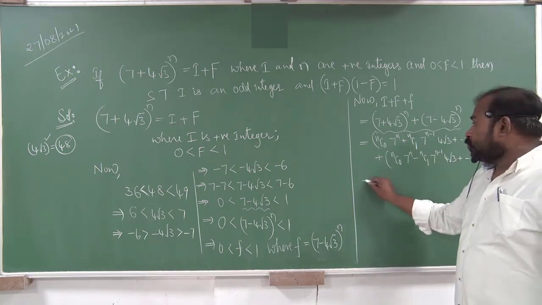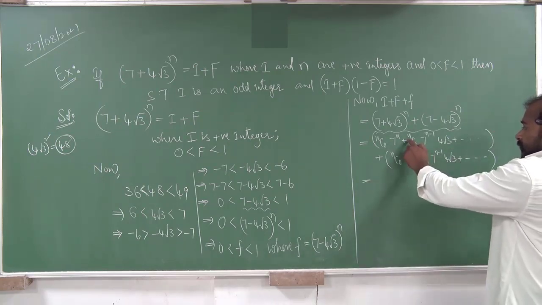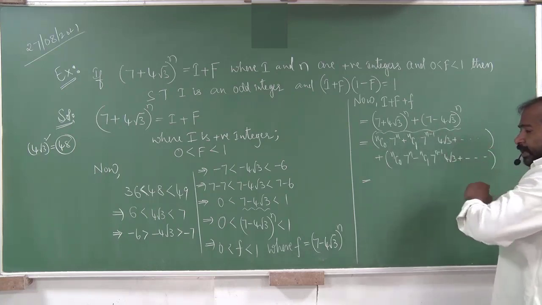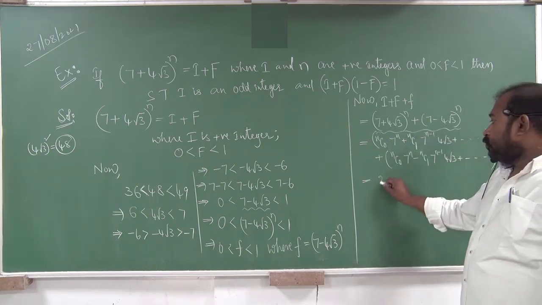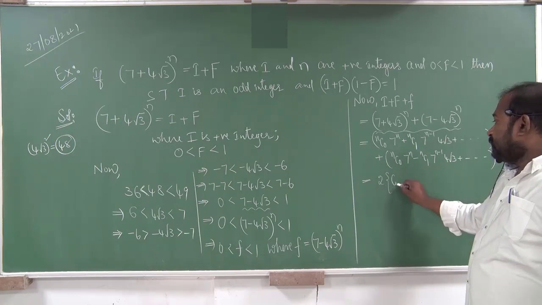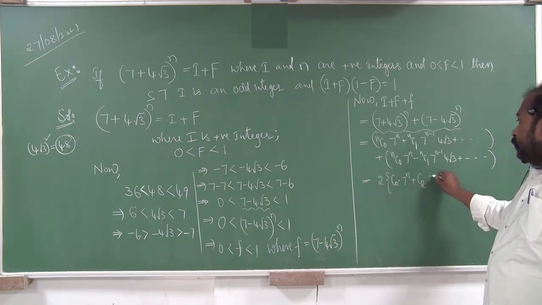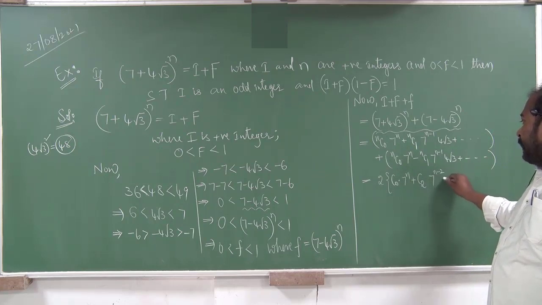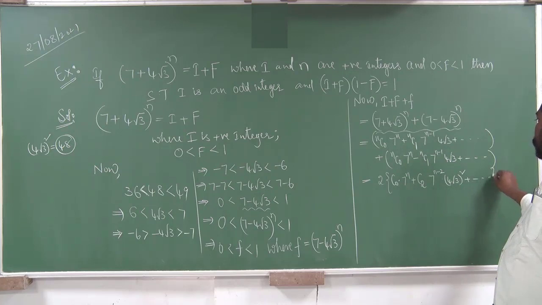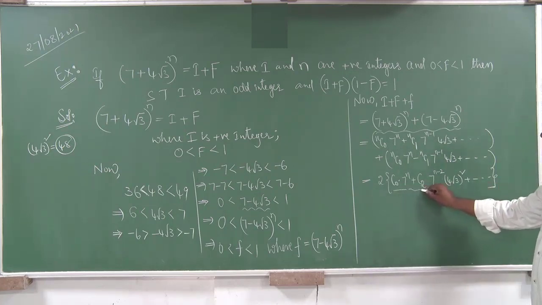If I add these two, the plus and minus terms get cancelled. So what I can get: 2 times of nC0 into 7 power n plus nC2 into 7 power n minus 2 into 4 root 3 whole square plus and so on. Like this you will get.